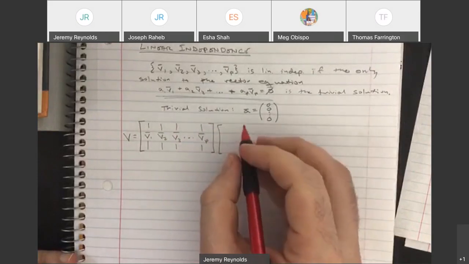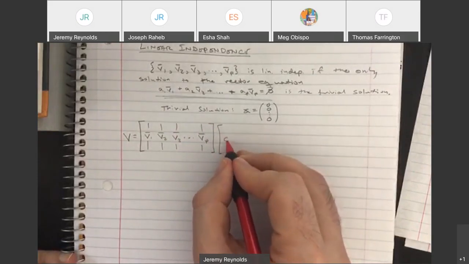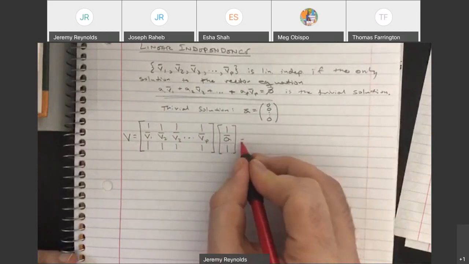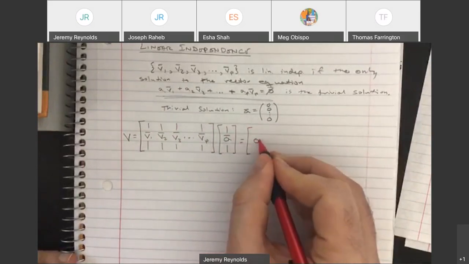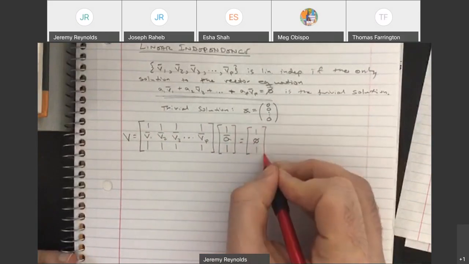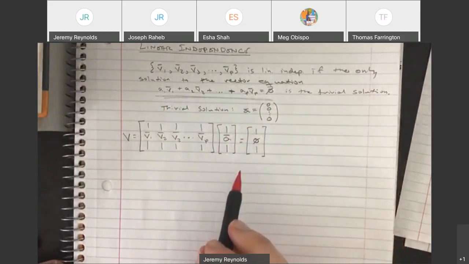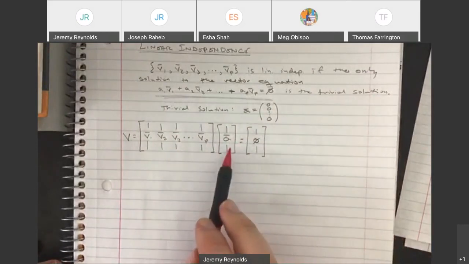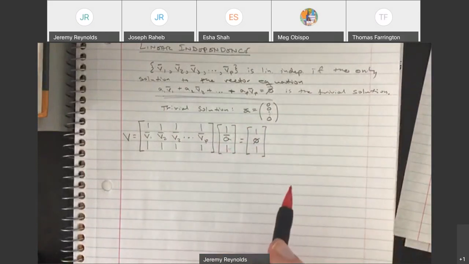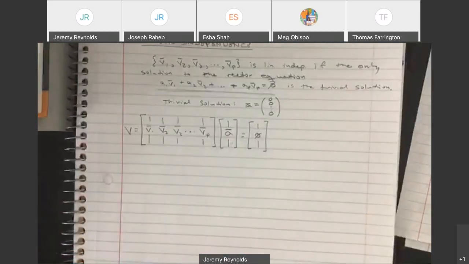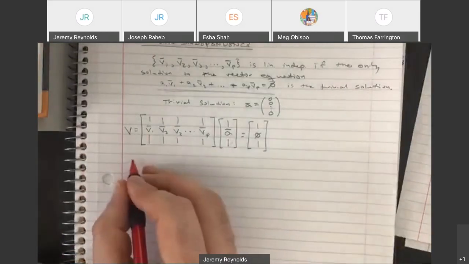We multiply it by an A vector, set it equal to the 0 vector. Then we have to check, and if the only solution to this equation is the 0 vector for A, then it's linearly independent. So we'll do a couple examples. I'm going to do one example where it's linearly independent and one where it's linearly dependent, so we can see both sides.